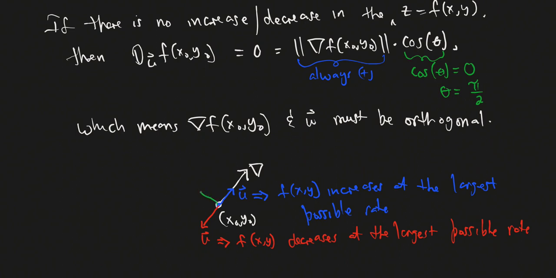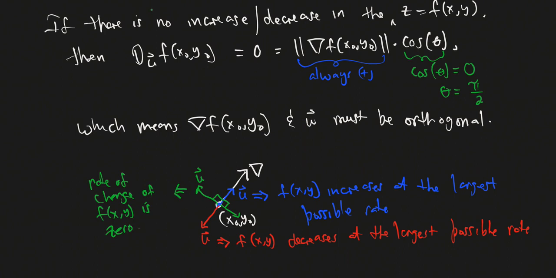If u is either that way or that way, where there's a 90-degree angle, or pi over 2, between my u vector and my del vector, this means the rate of change of my surface will be 0. So this implies that the rate of change of f of x,y is 0.